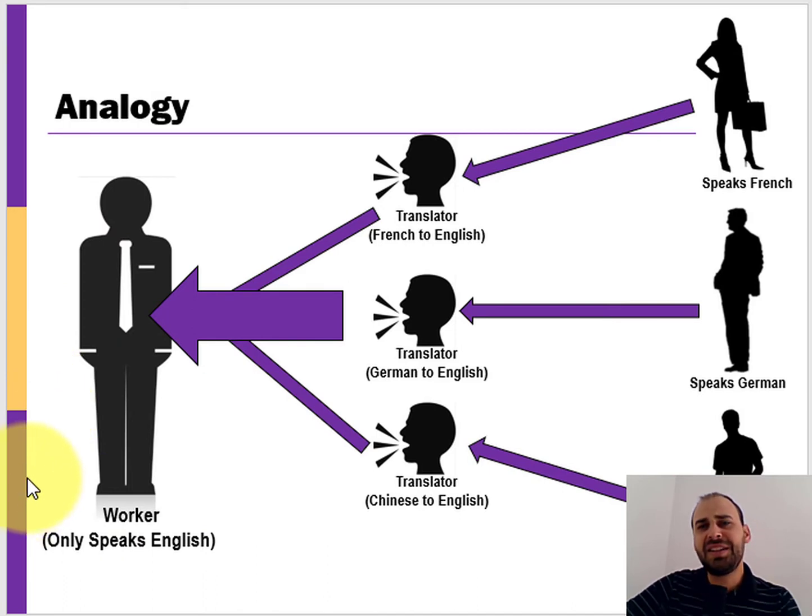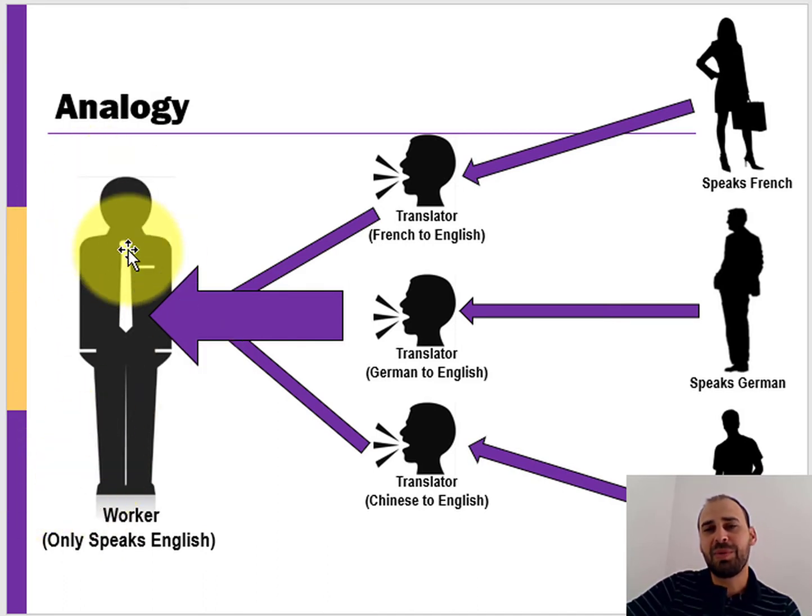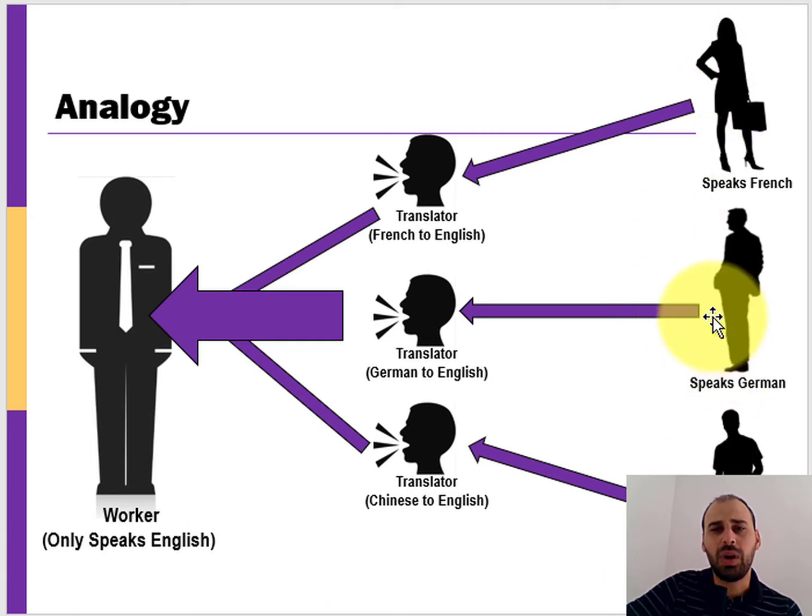Okay, and let's imagine that this poor person has multiple managers telling them what to do. Each one of the managers speaks a different language, maybe French, German, and Chinese, whatever it happens to be, and maybe that's the only language that each one of these managers speaks. Well, then obviously for this to work, we've got to go through some sort of middle layer.